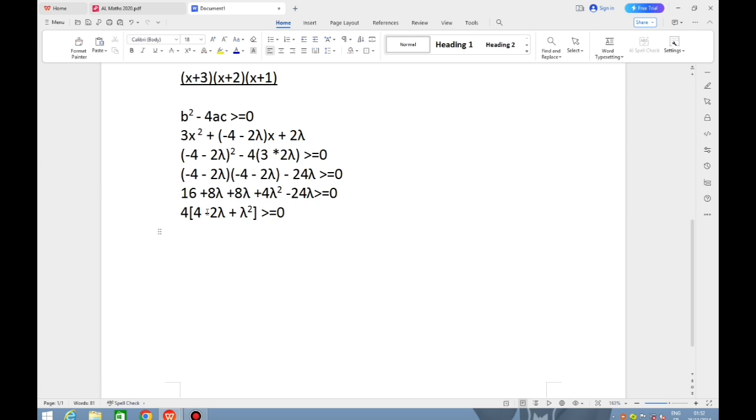So completing the square, we begin by rearranging this like a normal quadratic equation, so that gives us 4 into lambda squared minus 2 lambda plus 4. Now to complete the square, this is going to be equal to 4 into, we're going to add and subtract the square of half of the x term. Half of negative 2 is negative 1.